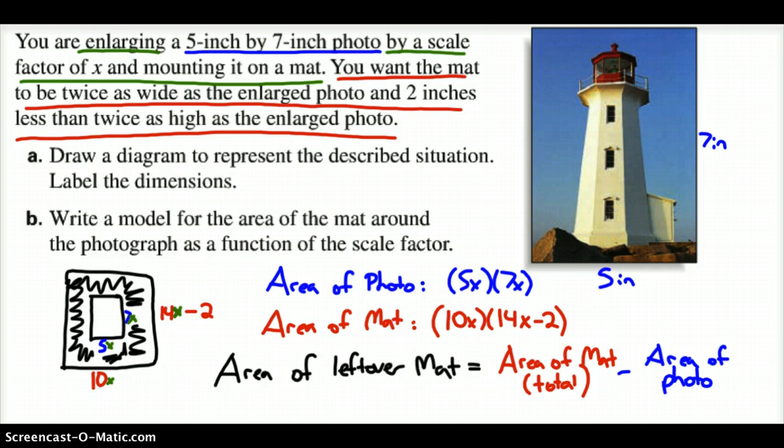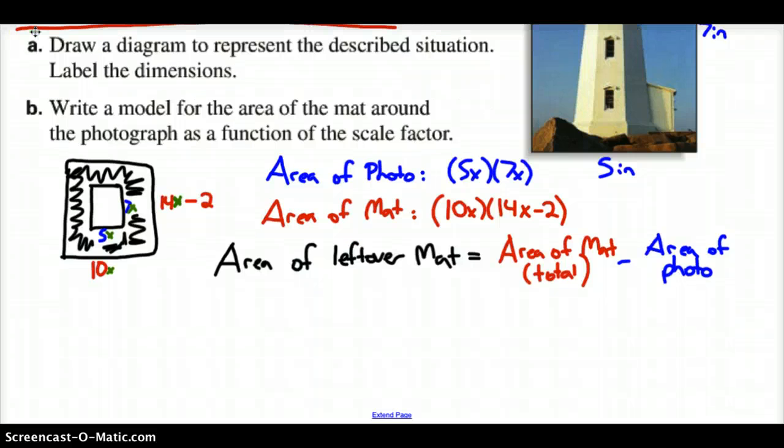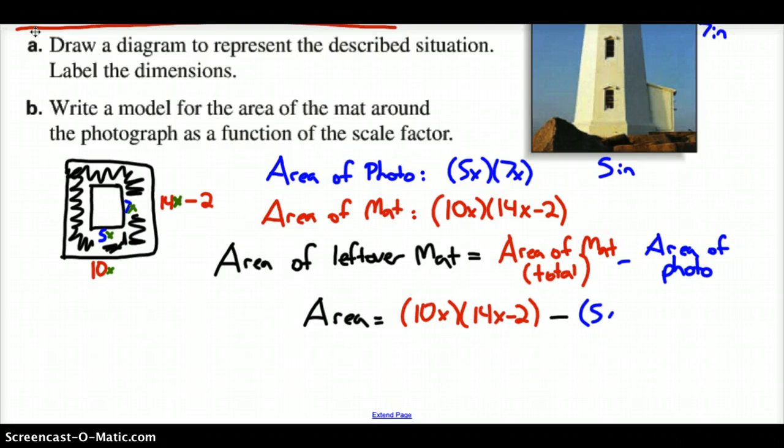So if we were to set this up further, we'll plug in the numbers that we know. This is now going to be 10x times 14x minus 2, minus the area of the photo, which was 5x times 7x.